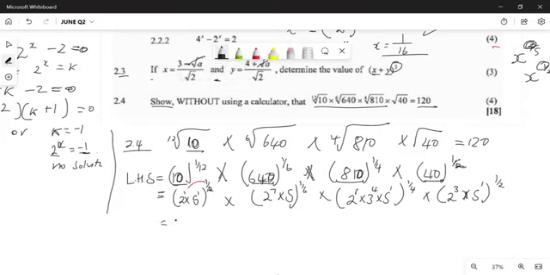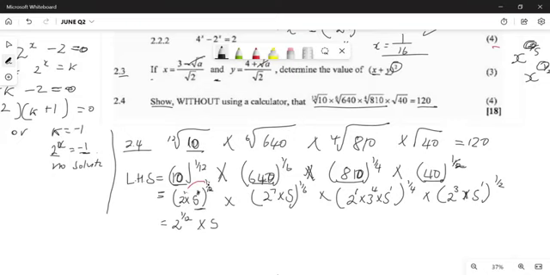I will do the first one. You have 2 to the power of 1 all over 12. It's 1 multiplied by 1 all over 12.